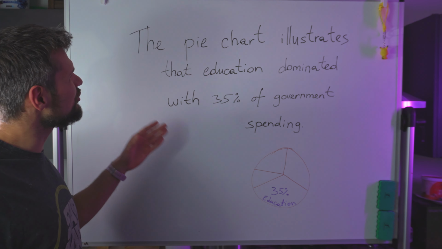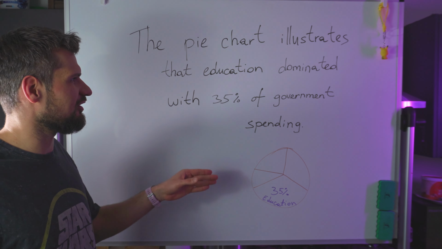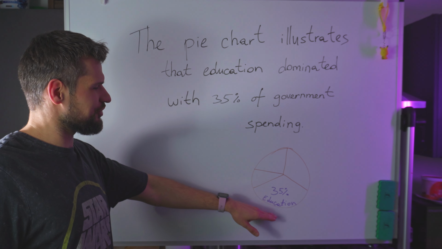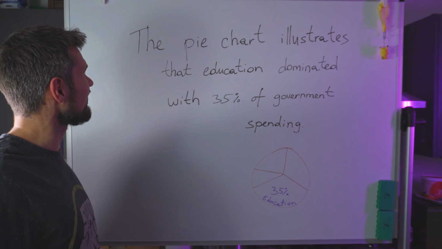The pie chart illustrates that education dominated with 35% of government spending. Yes, indeed, education received the largest share of 35%.